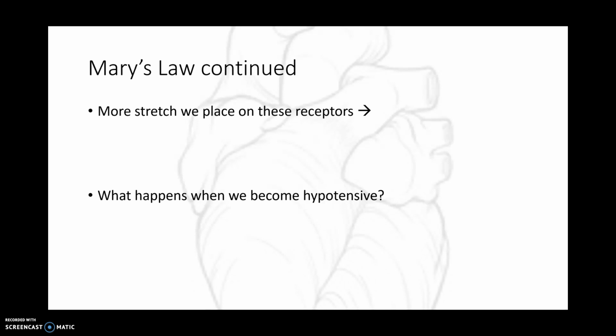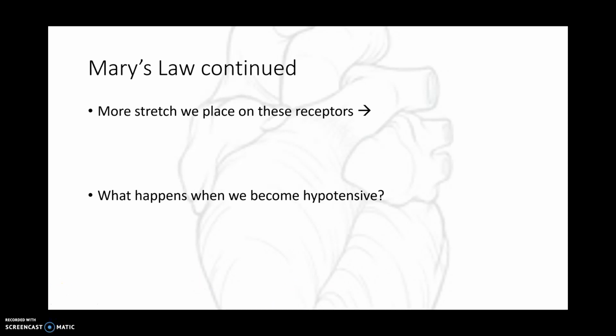The exact opposite happens if we become hypotensive. If the amount of stretch placed on those baroreceptors dramatically decreases, then they will send a signal up to the cardiac accelerator center and will cause an increase in cycle rate. So this is that inverse relationship.